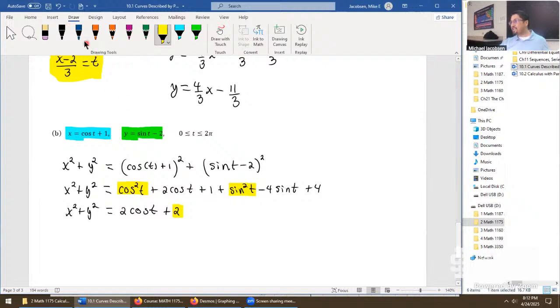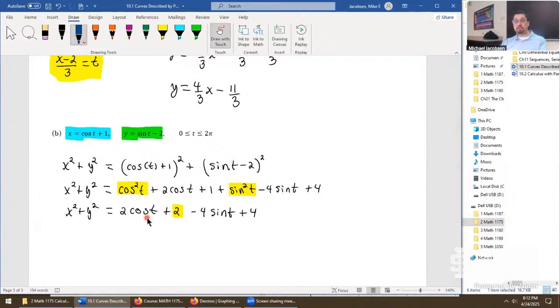Awesome. Let's keep on going before we get too sidetracked. So I've re-expressed the 1, combining the highlighted parts, getting a 2. And now we're at this last bit, minus 4 sine t plus 4. Now let's pause right here. x was cosine t plus 1.